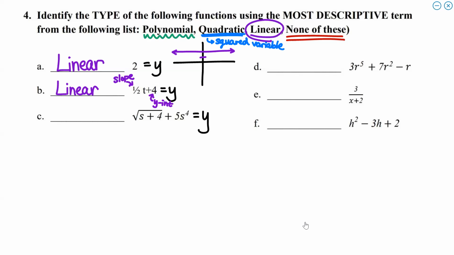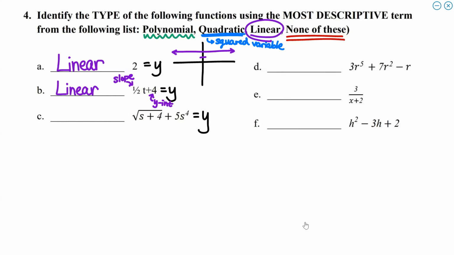What about part C? Do we have a squared variable on part C? No, we have a square root, which is literally the exact opposite of something that's been squared.